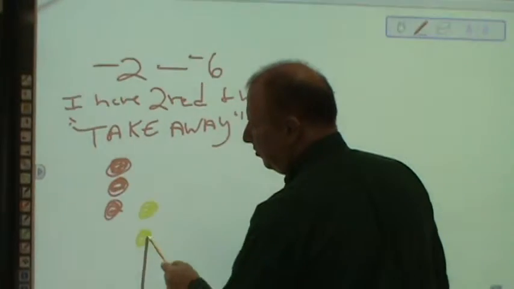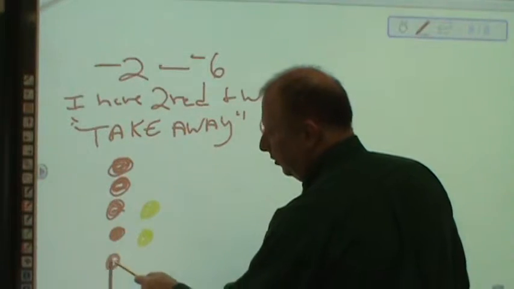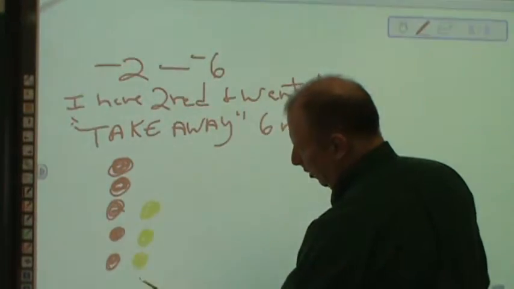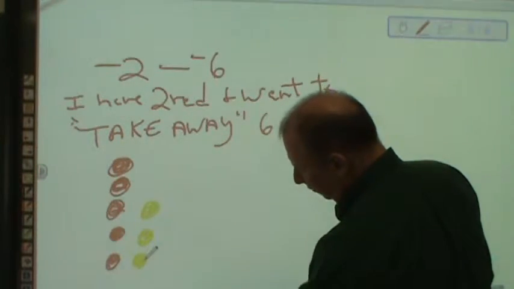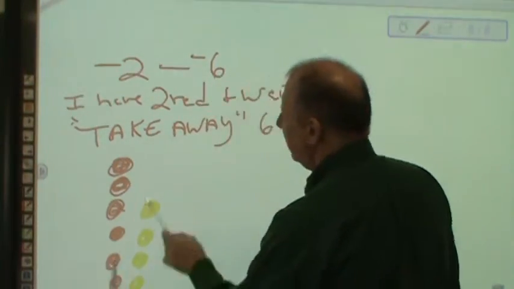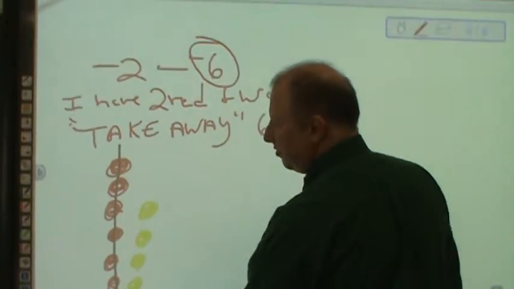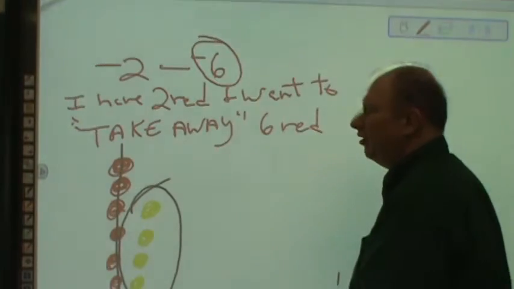I'm going to add another 0, and then another 0, and then another 0. Can I now take away 6 red? Yes. And look what I'm left with, 4 yellow.